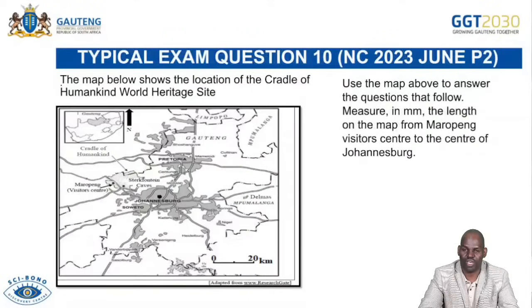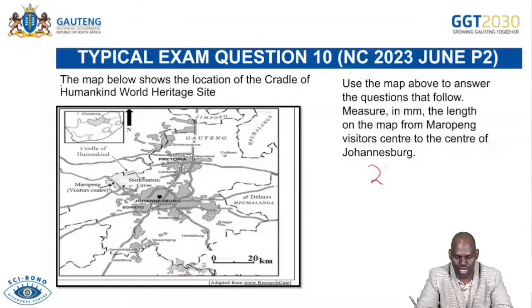Okay, still on the very same one. It says measure in millimeters the length of the map from Maropeng Visitor Center to the center of Johannesburg. You need a ruler, very important, your ruler and your calculator, very important in your examination. So if I take mine and measure between Maropeng Visitor Center and Johannesburg, I get about 23 millimeters.